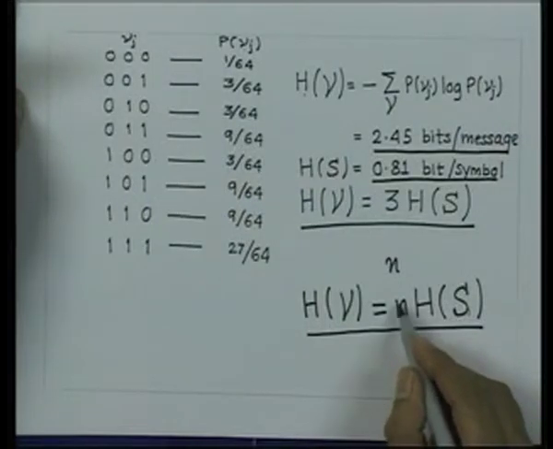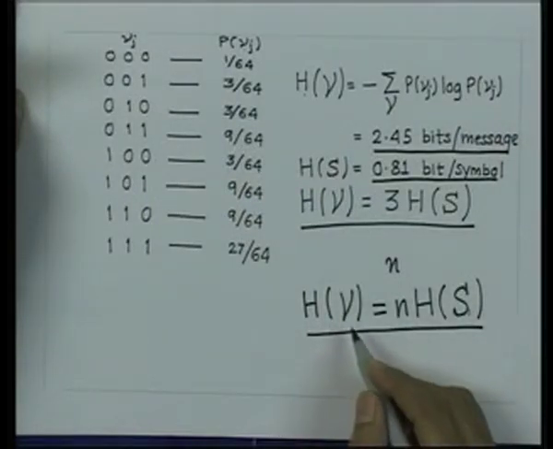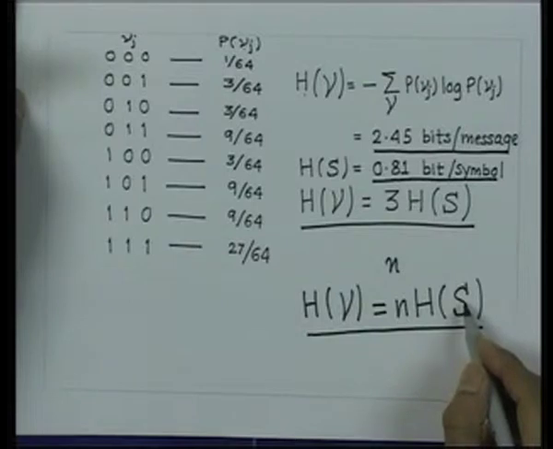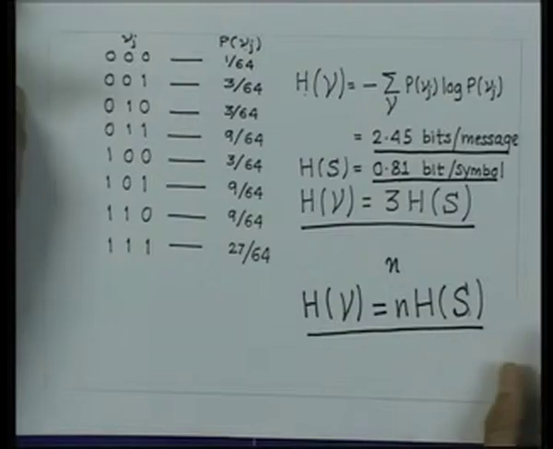So, with this motivation, we will go ahead and try to define this new source generated from the primary source in terms of symbols of length n.